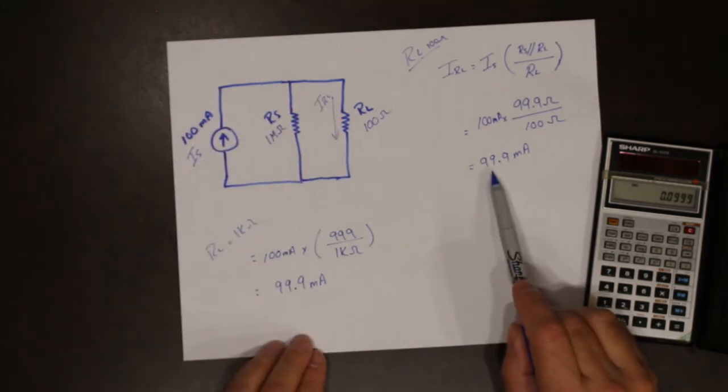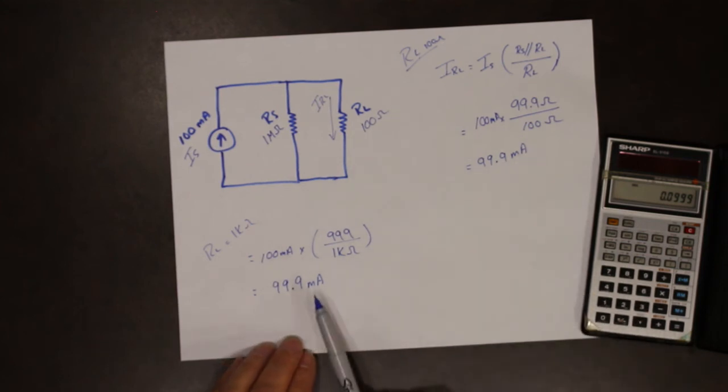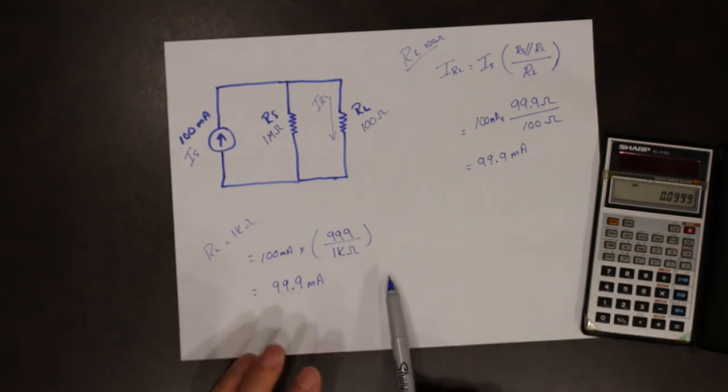Remember, if you looked at the calculator, this was 99.9 something something something. This is 99.9 exact.